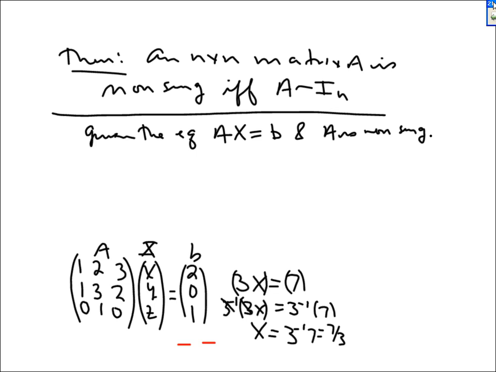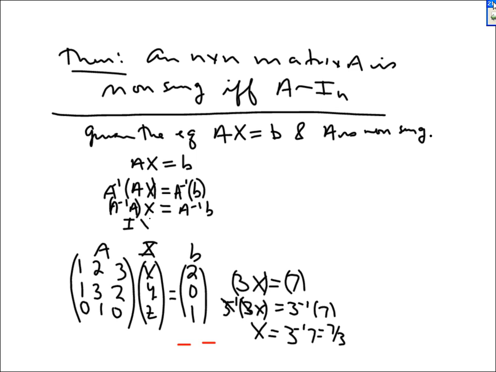We're going to do a similar trick over here. That is, somehow we want to kill off the A. We want to get rid of the A. Well, on both sides of the equation, on the left, we multiply by A inverse. Now, A inverse times A times x, I can multiply in any order that I like. A inverse times A is I. So I times x is A inverse b.